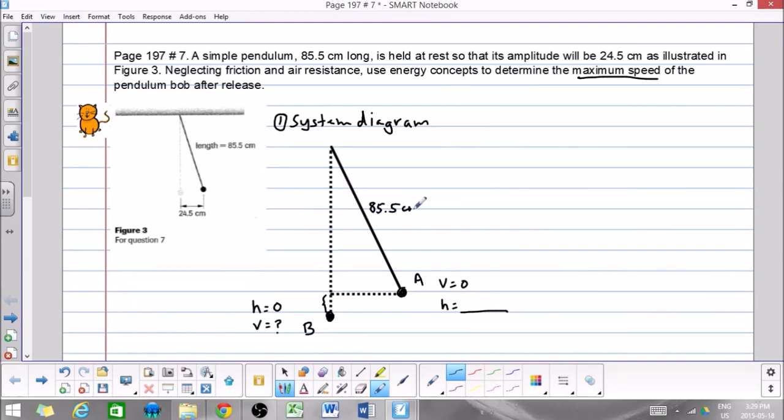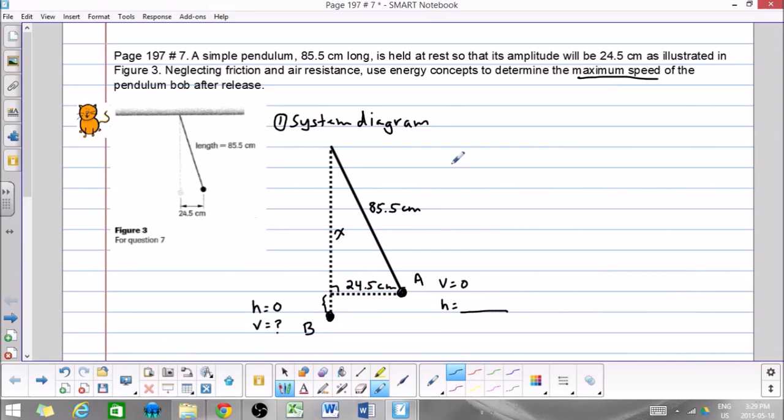Okay. Given some of the measurements from the diagram, the length of the pendulum string and how far out it's being held, amplitude of 24.5 centimeters. Our strategy here is going to be to find the third side of this right angle triangle. We'll call it x, and then we can figure out the height here just by subtracting that x from the length of the pendulum, the 85.5 centimeters.